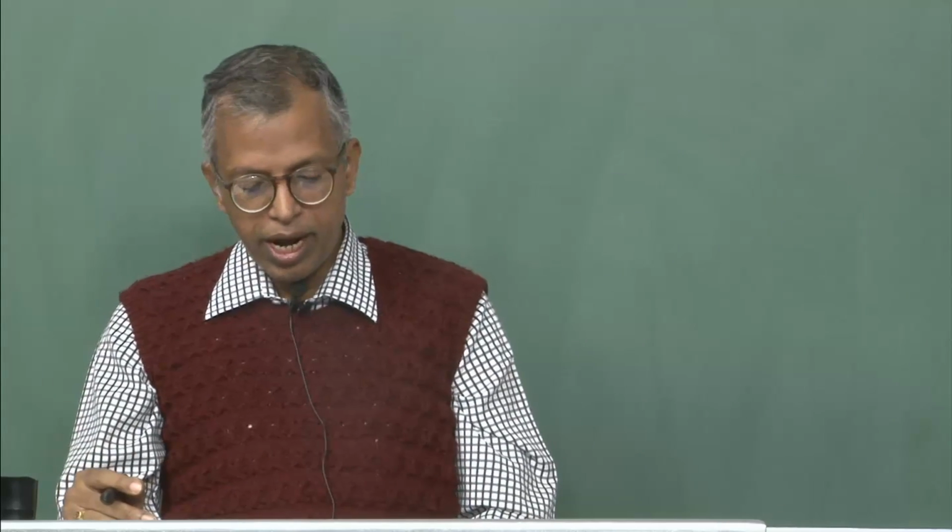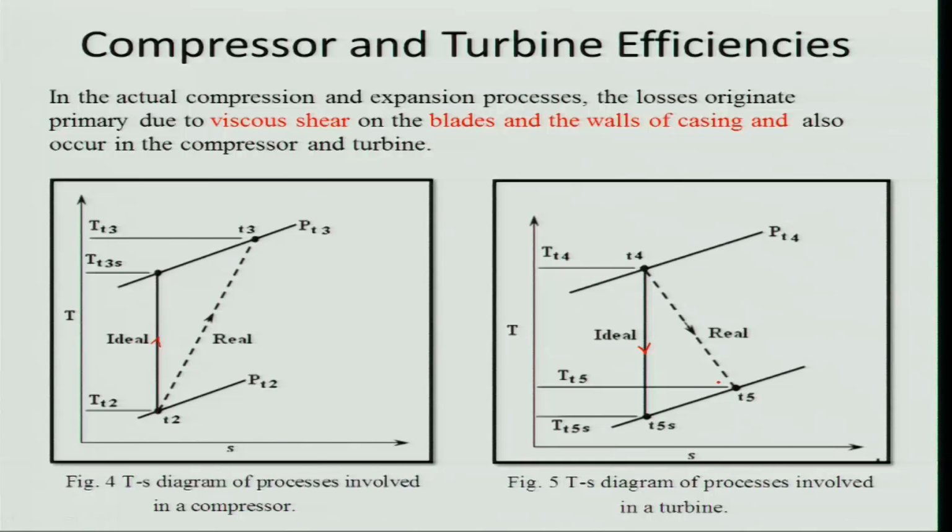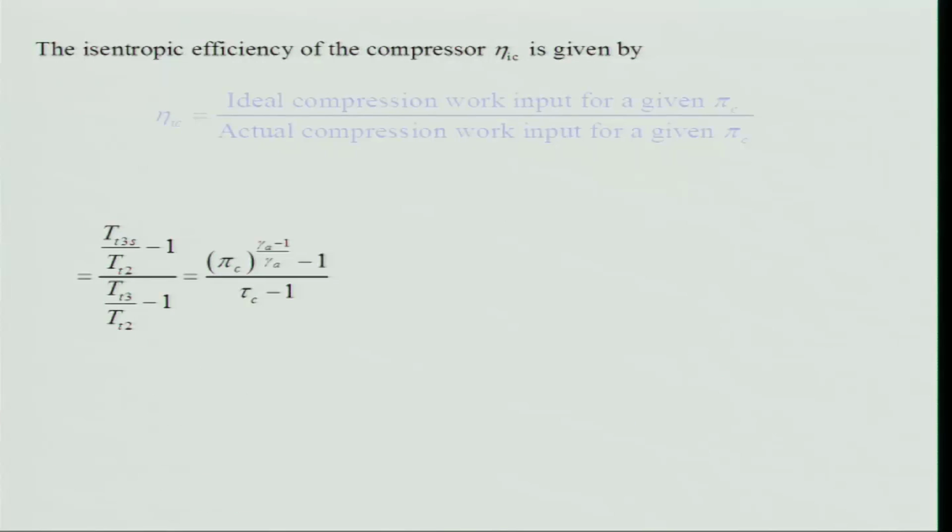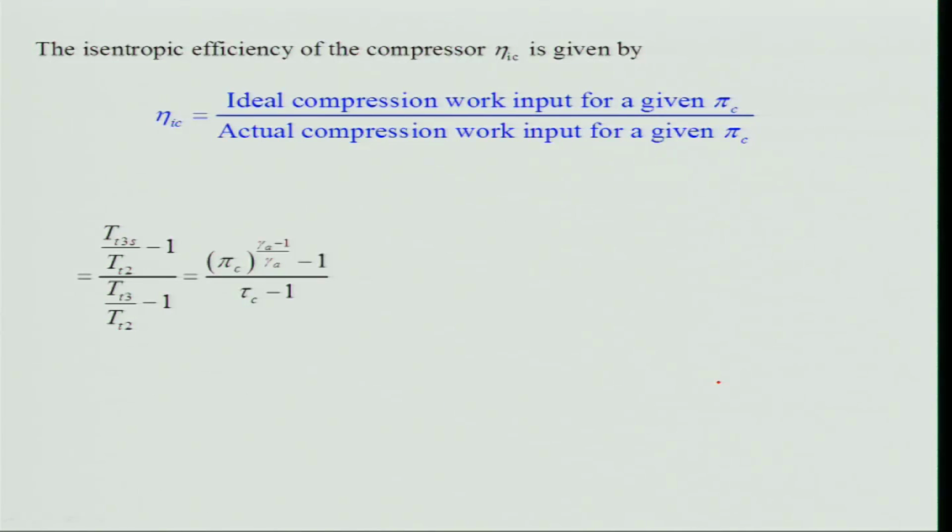So, we will be now looking at how to handle that, and we can define it very easily using the similar approach to what we did for an air intake. The isentropic efficiency of a compressor can be given as the ideal compression work output for a given pi c divided by the actual compression work input for a given pi c.